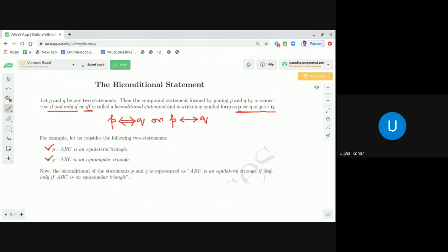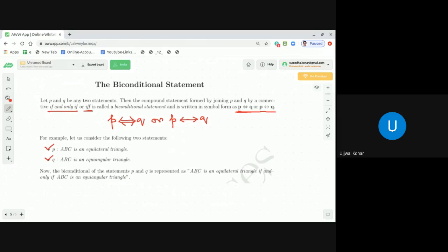Now the biconditional of statements P and Q is represented as: ABC is an equilateral triangle if and only if ABC is an equiangular triangle.